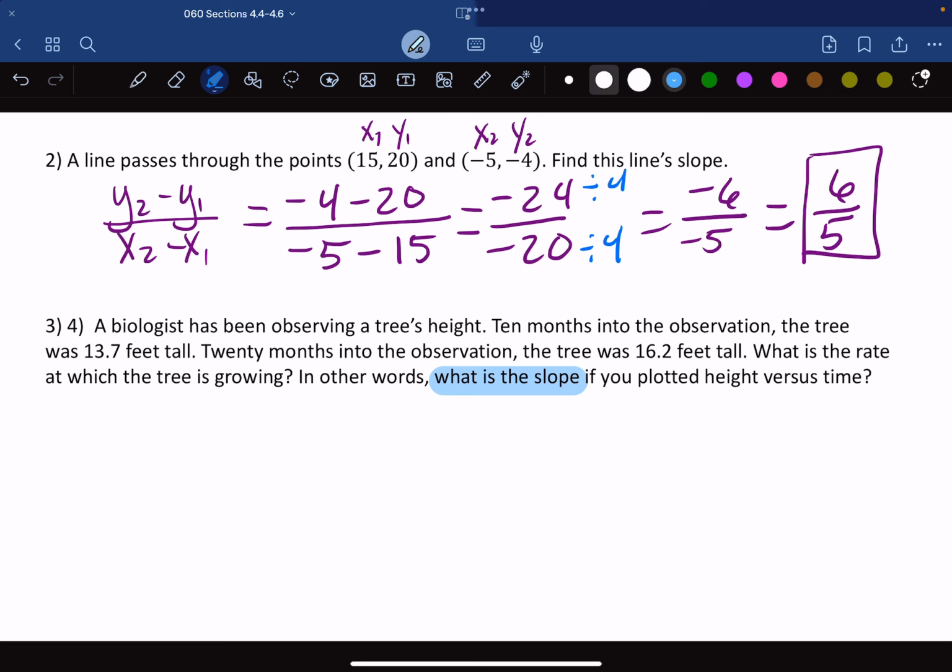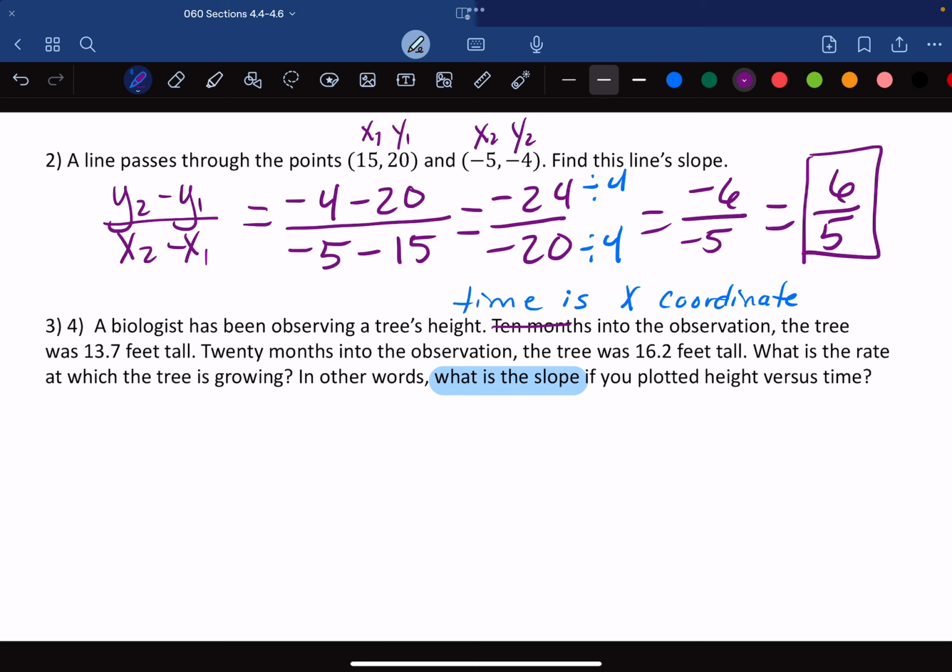If you plotted height versus time. And I want to make note, and I think I made note of this in a previous video, that time is the x value when we talk about x and y relationships. And we're given two sets of data.